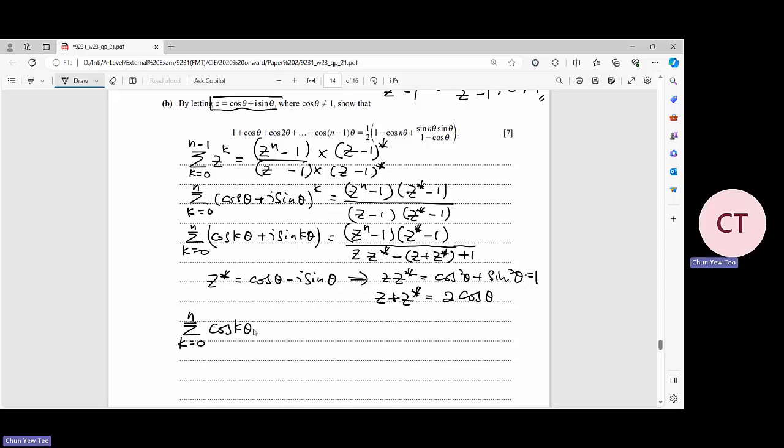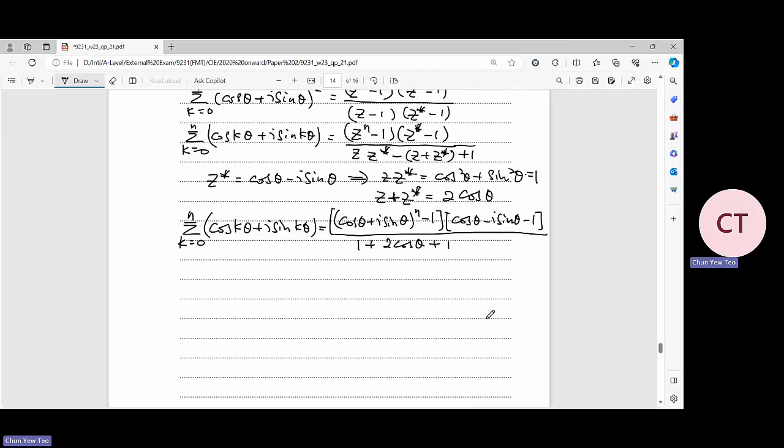Cos k theta plus i sin k theta is equal to cos theta plus i sin theta to the power n minus 1, multiplied by cos theta minus i sin theta minus 1, divided by 1 plus 2 cos theta plus 1.